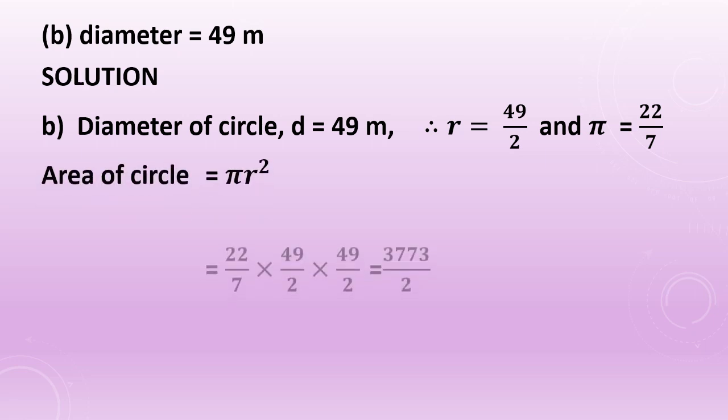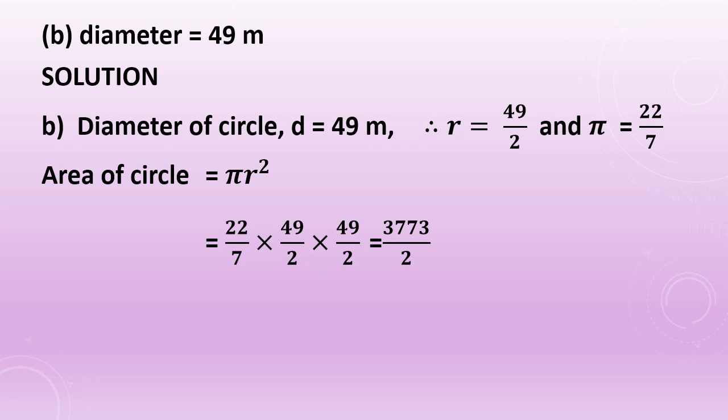Now you can substitute the value: 22 upon 7 into 49 upon 2 into 49 upon 2. 7 and 49 can be cancelled. Similarly, 22 and 2 can be cancelled. In the denominator we get 1 and the numerator becomes 11.